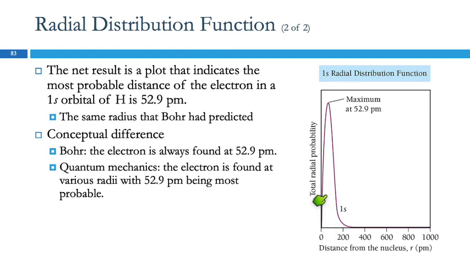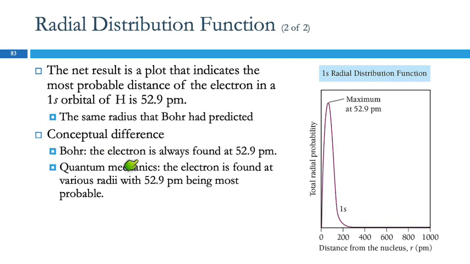And so there's the maximum probability at 52.9 picometers from the nucleus. And what's really cool is that is the same radius that Bohr predicted for the first orbit, 52.9 picometers. But there's a very important conceptual difference here.